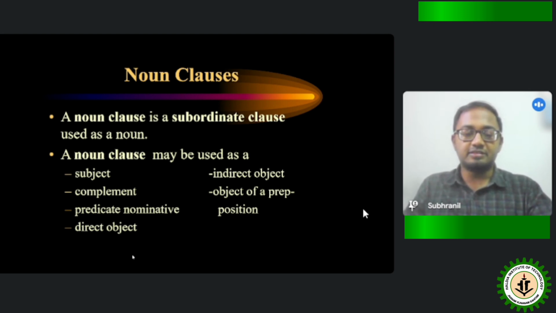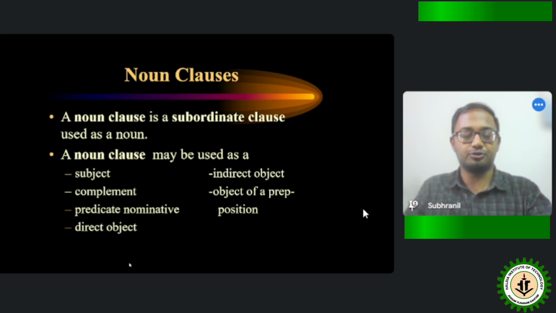Now, what is this predicate nominative? A predicate nominative is a noun that comes after a linking verb, and it is equal to the subject of a sentence. Suppose I'm giving you one example. Harry was a school teacher.